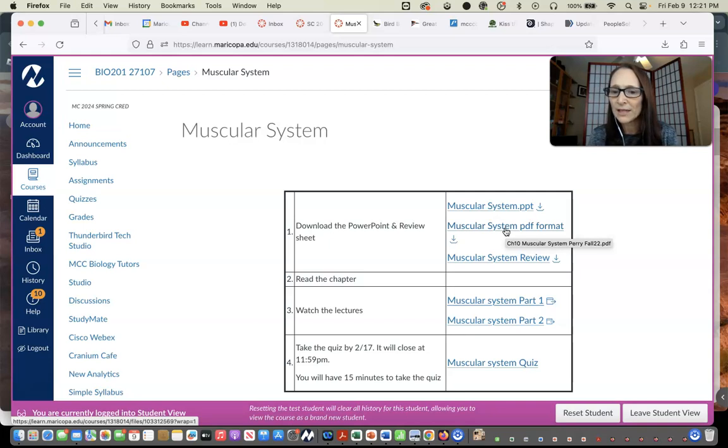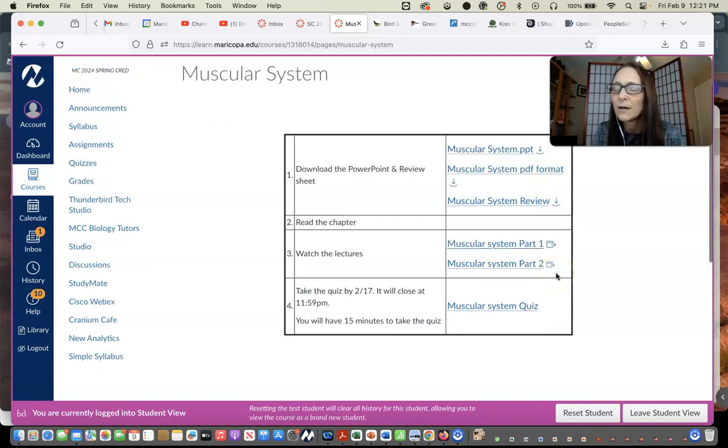So just to give you a hint, as you're looking at that PowerPoint, please keep in mind. And again, it's always a good idea to look at those review questions, because that gives you an idea of what you need to know for the exam. But I just didn't want you to look at that PowerPoint, see how long it was and freak out. A lot of the end of that PowerPoint is images for lab.